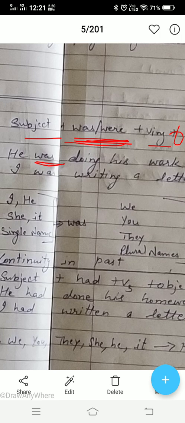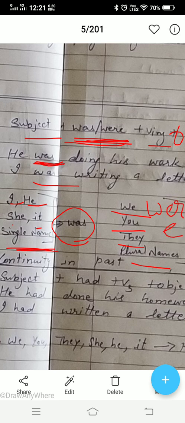Now we are using was. He was doing his work. I was writing a letter. So here we have I, he, it or she, and singular name. We will use was. With we, you, they, and plural we will use were. Clear?